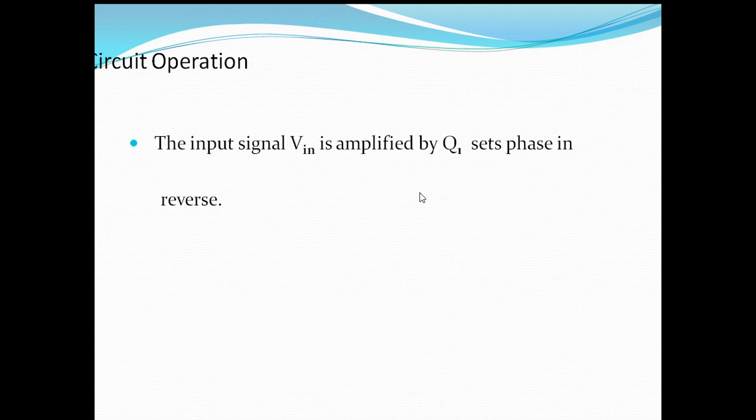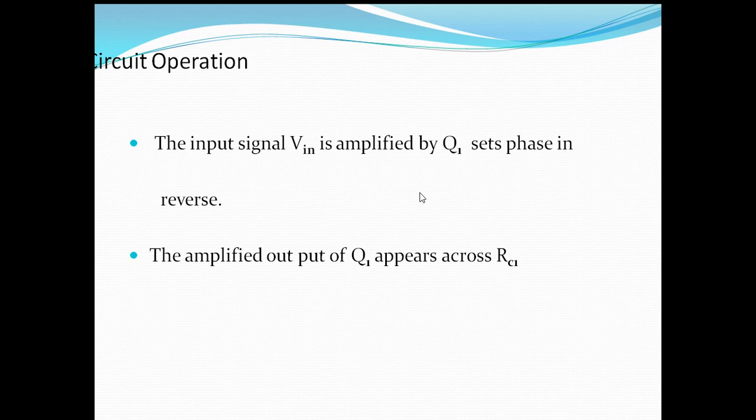The input signal Vin is amplified by Q1, that is transistor 1, which reverses the phase. When the common emitter is used, there will be a 180 degree phase shift. The amplified output of Q1 appears across RC1.